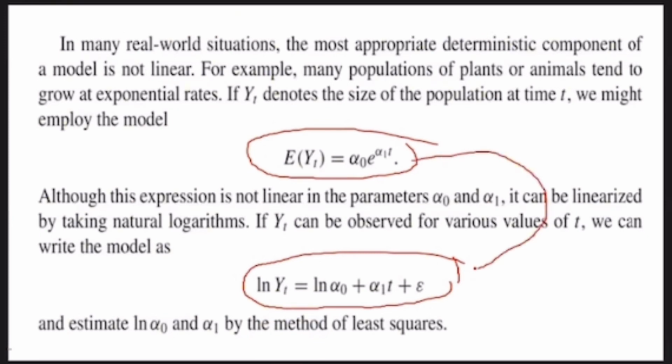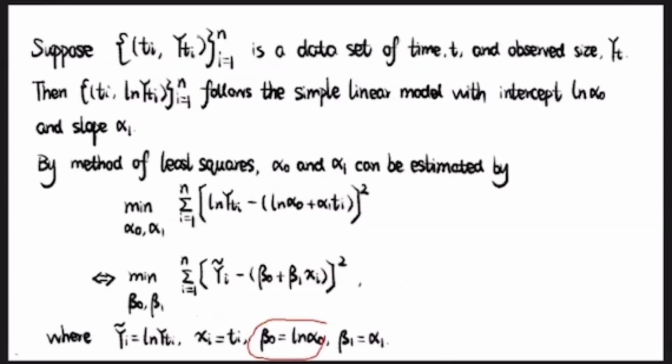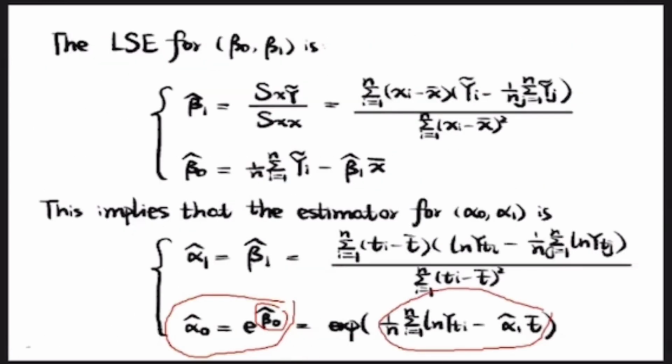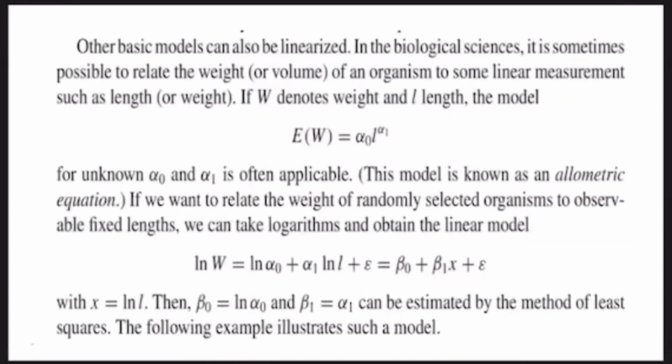The dependent variable y has a log, but the independent variable t does not have a log. Does that make sense? Based on that specification, we could have another specification where both of them are going to have a log. Does that make sense? And I'm going to walk you through such an example, where both the dependent and the independent variable have a log.